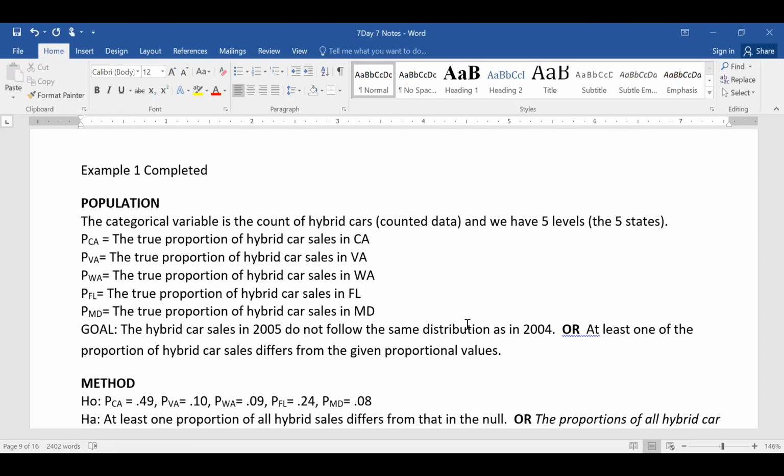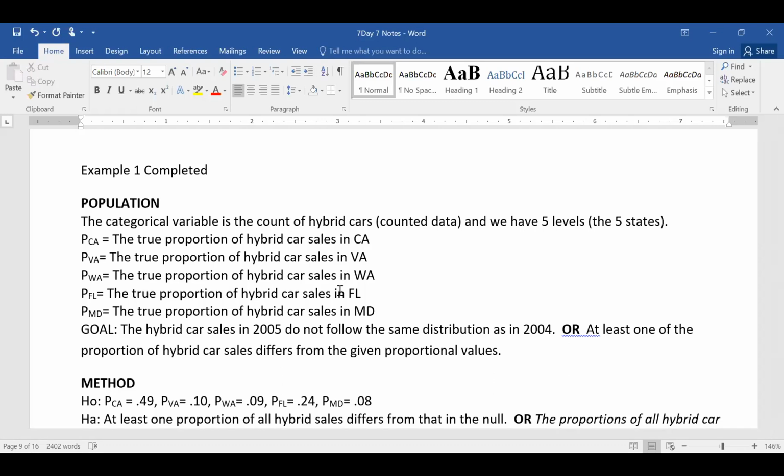Now you're going to see how I define my unknown. It's not just P1, P2, P3, P4, P5. It's P_CA for California, the population proportion, or true proportion, of hybrid car sales in California. It's going to be the same thing, but I just change it for which state we're studying: the proportion of car sales in each of those states.